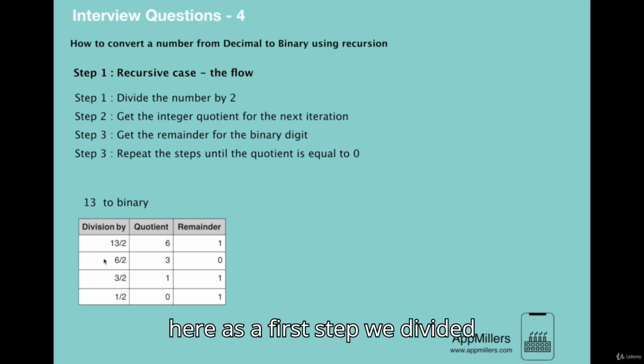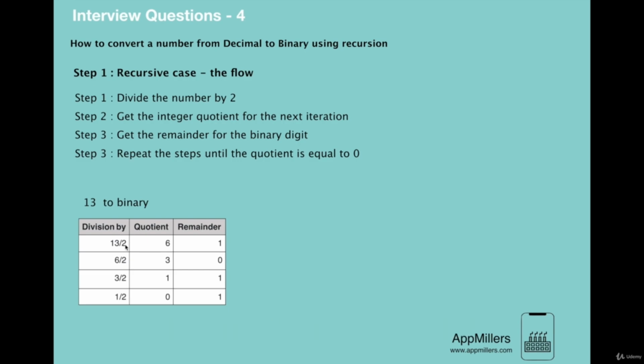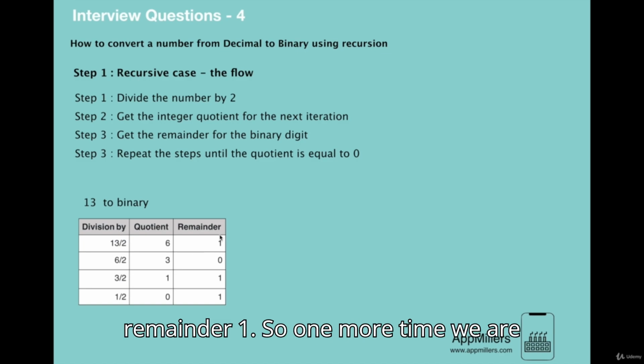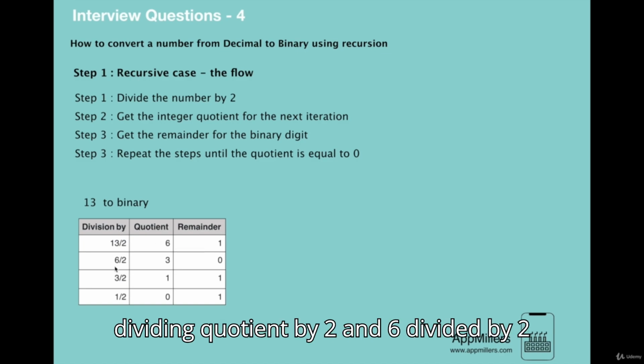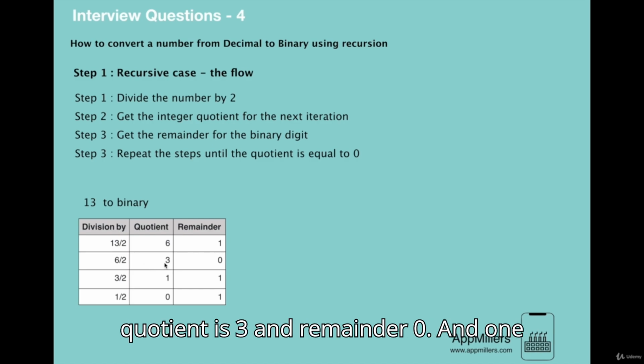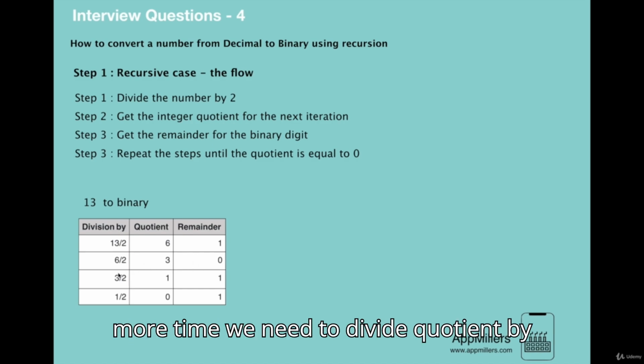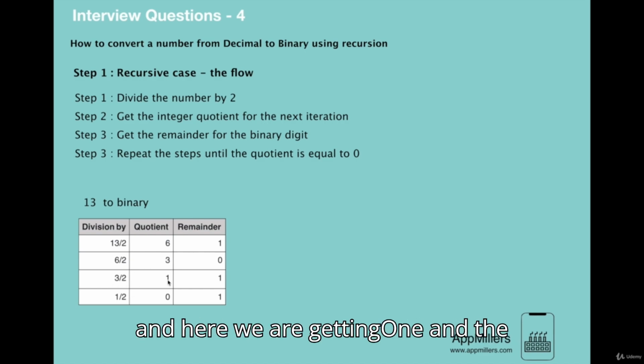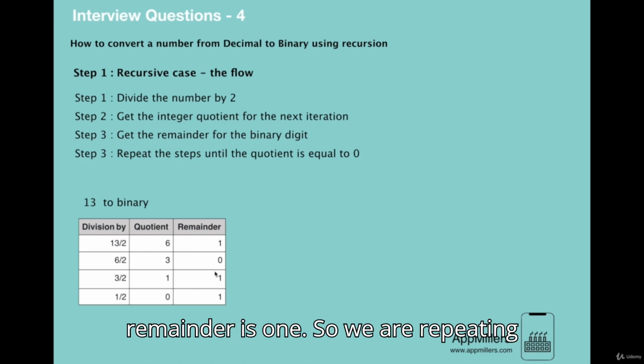We see that here, as a first step, we divided 13 with 2. Our quotient is 6 and remainder 1. So one more time, we are dividing quotient by 2. And 6 divided by 2, quotient is 3 and remainder 0. And one more time, we need to divide quotient by 2, which is 3. So we are dividing it by 2, and here we are getting 1 and the remainder is 1.